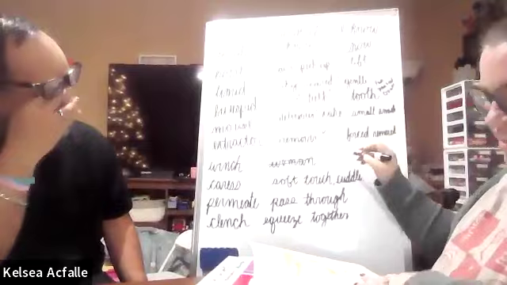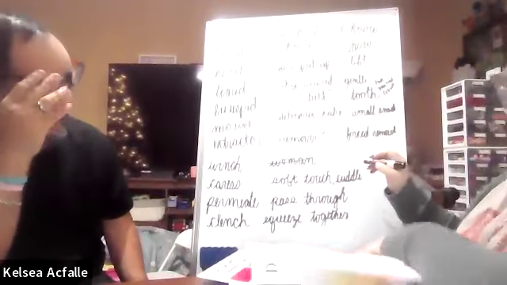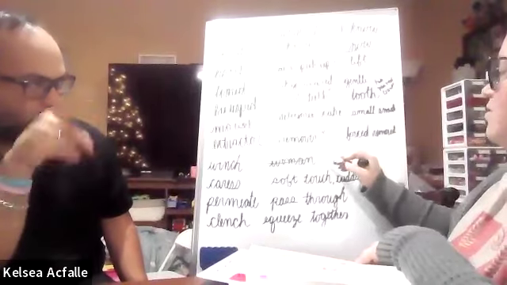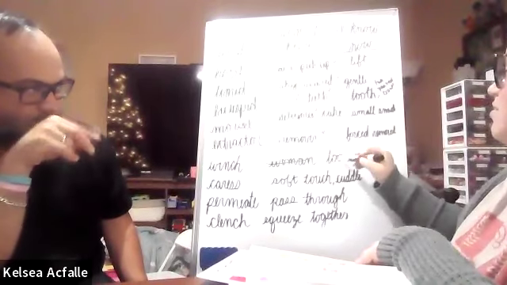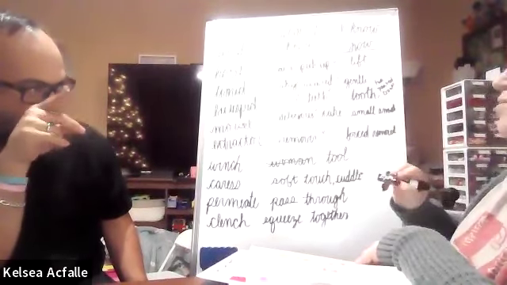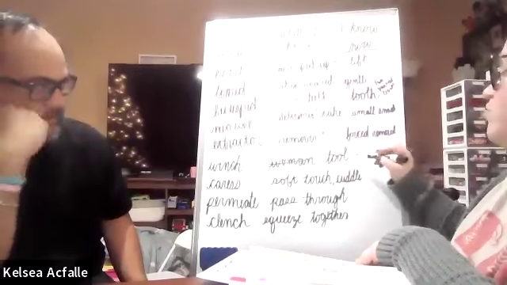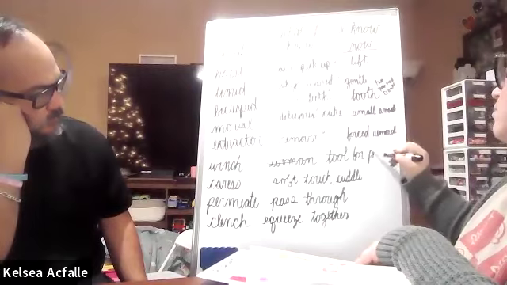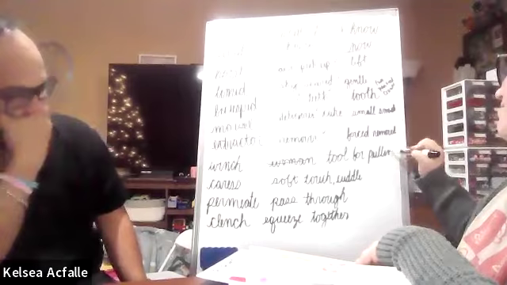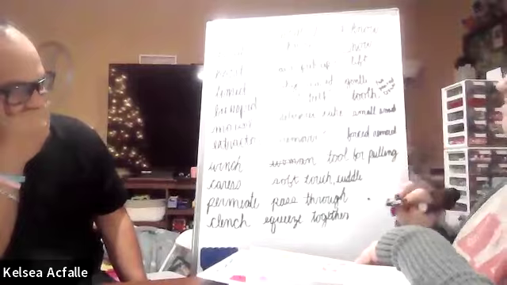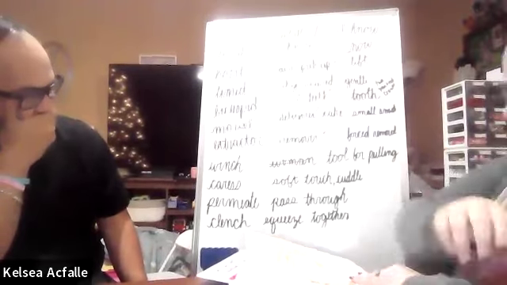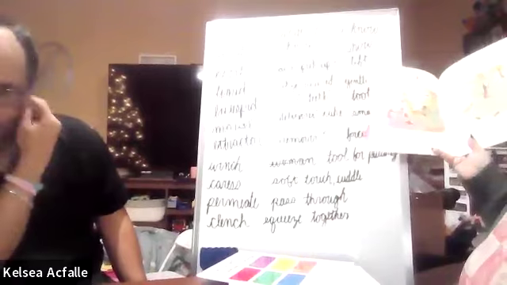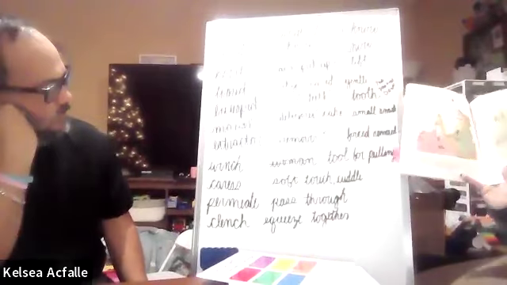What kind of tool? What does it do? Pulls. A tool for pulling. Okay. First wrong one. Finally, with a sucking sound, the tooth popped out and hung swaying in the air.